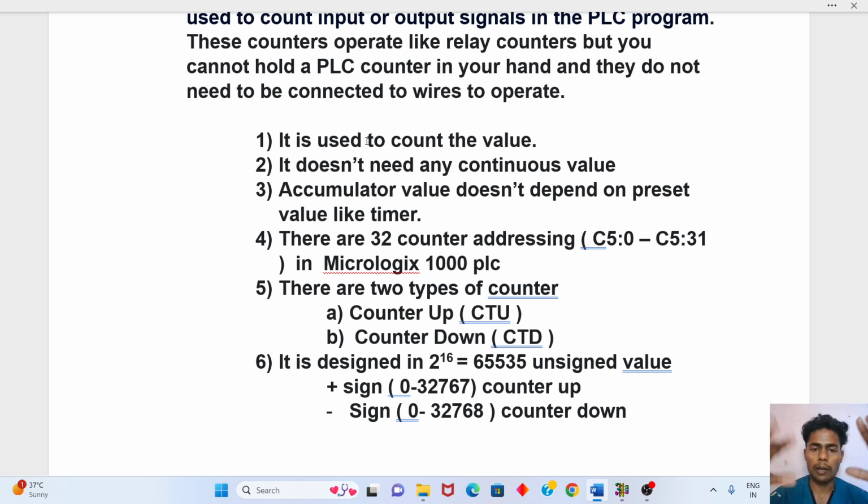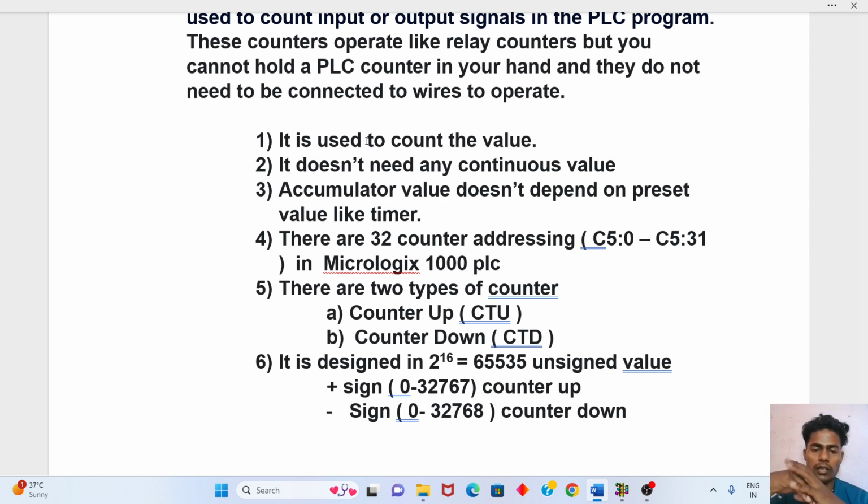And third point, accumulator value does not depend on preset value like in a timer. Actually in a timer, the accumulator value depends on the preset, but in a counter, the accumulator value does not depend on the preset.